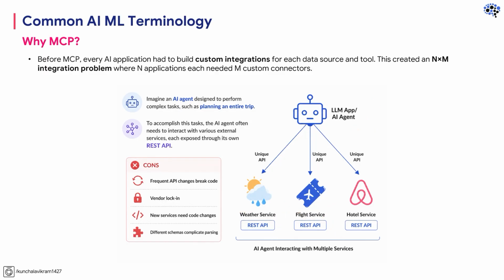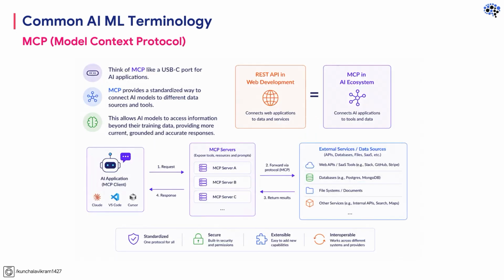So the problem here is that the AI agent doesn't have a standardized way of communicating with external services. You always have to rely on the REST APIs for this. Now, the Model Context Protocol was created to fix this issue. Think of MCP like a USB-C port for all AI applications, just like how we use a single USB port to connect multiple devices.